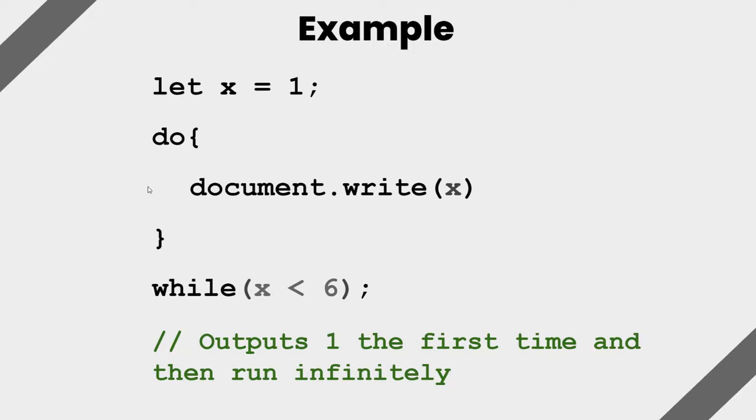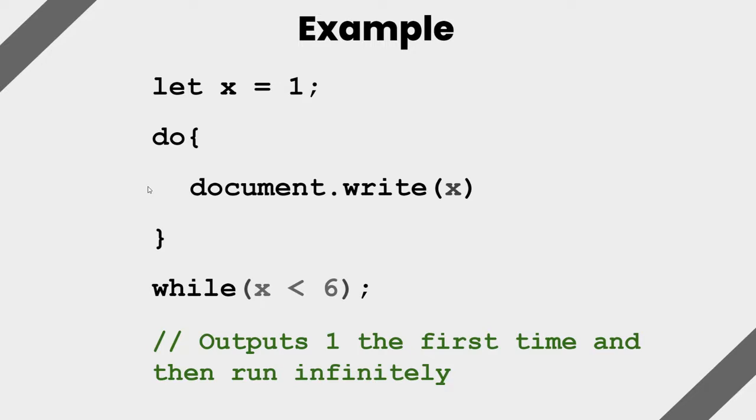So this means that peradventure we had x to be less than 2, you would only have 1 being outputted on the screen. But if it were to be the while statement, it would have to check the condition first of all before running the first loop.